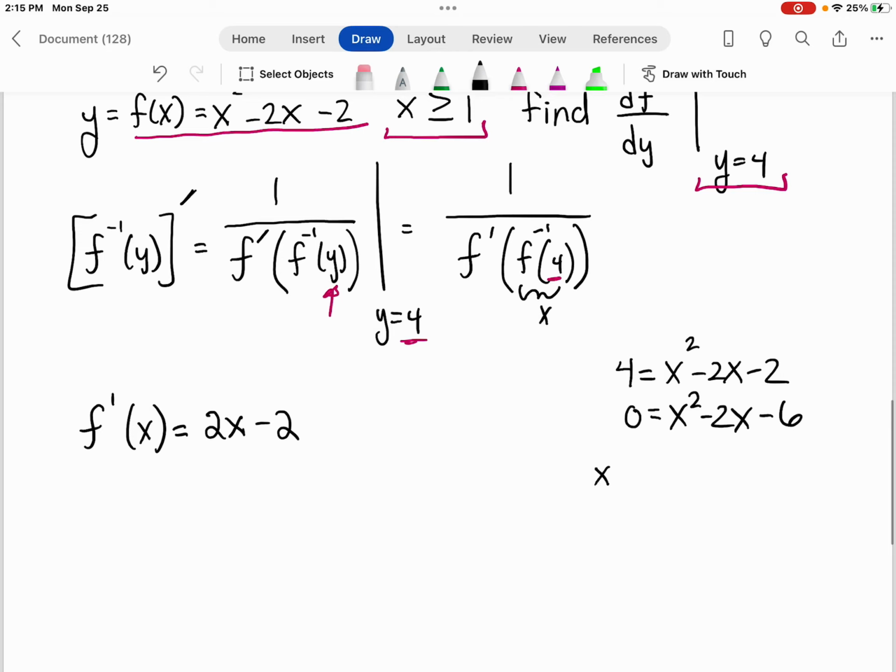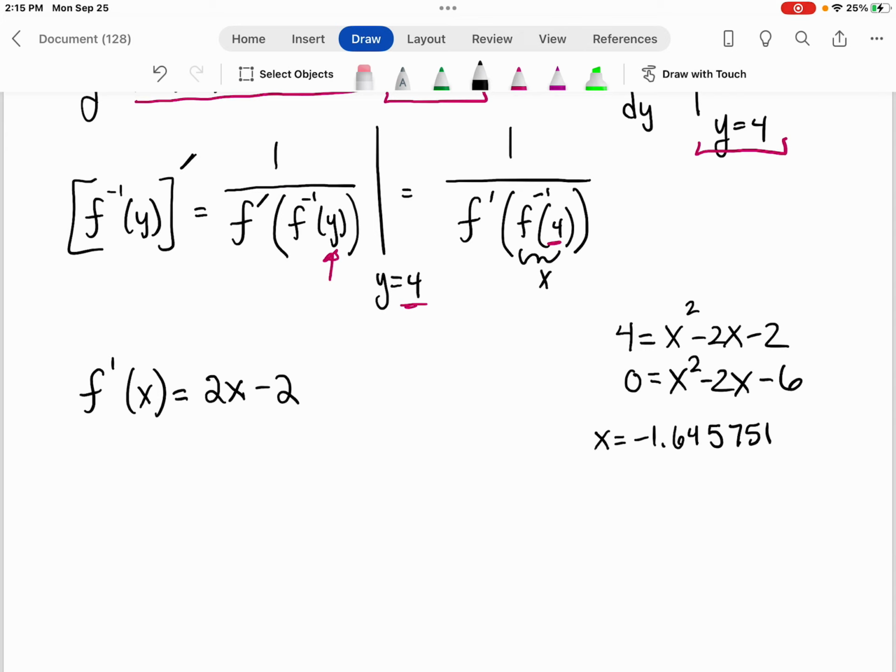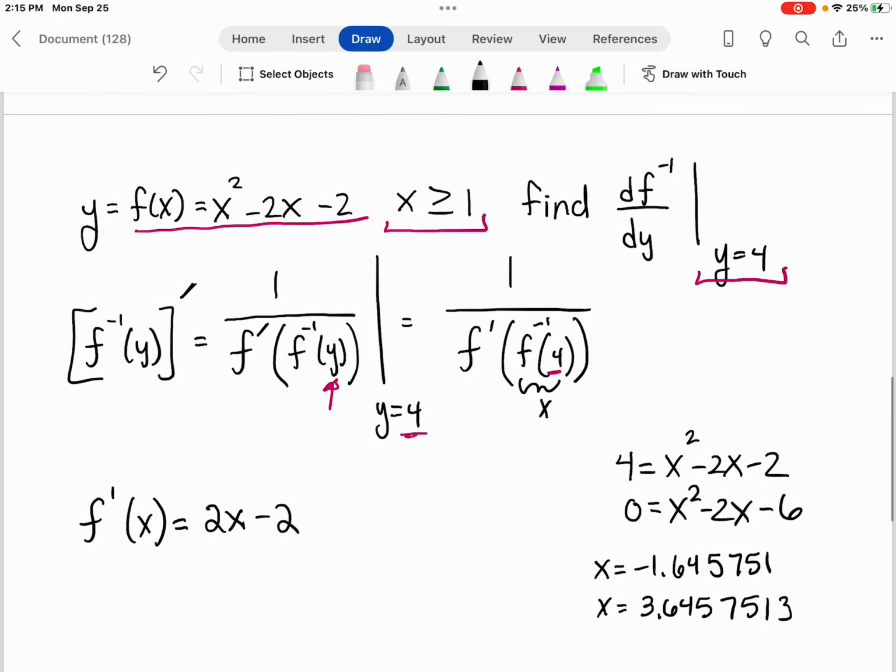But when you solve this equation, you should get two answers. x is equal to negative 1.645751. Keep all the decimal places so that you don't have a rounding issue. And then we also get the other answer, which would be 3.6457513.